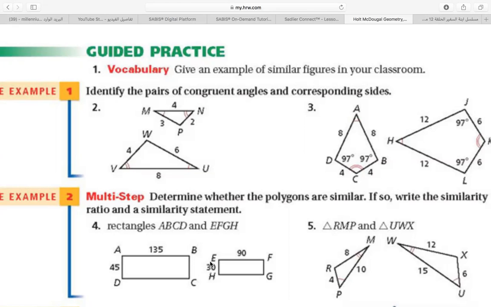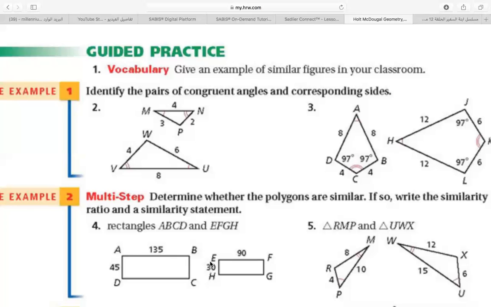Then BC over FG. What is the measure of BC? 45. And what is the measure of FG? 30. Yes. Then CD over GH will give me the same, 135 over 90.